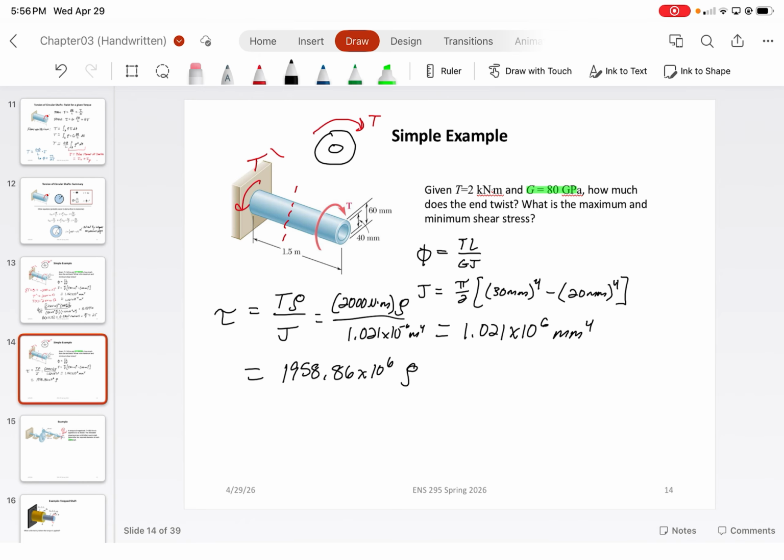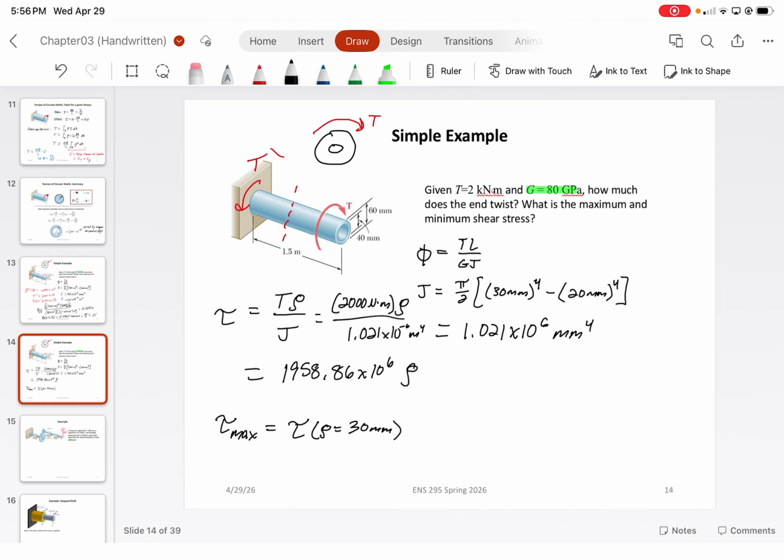All right, now we could just plug in tau max, which occurs at rho equals 30 millimeters. These seem like really large numbers. Am I losing my mind?